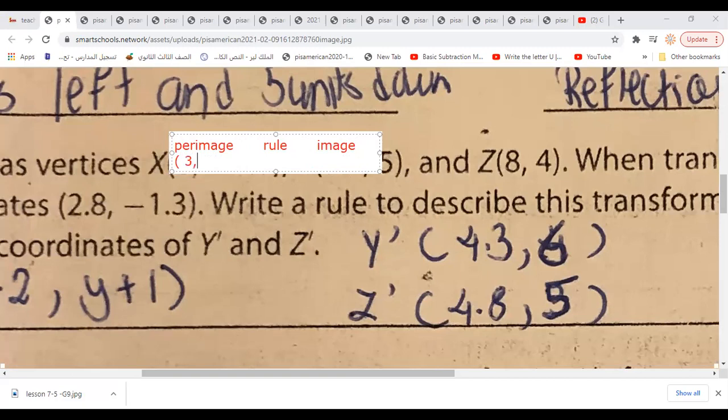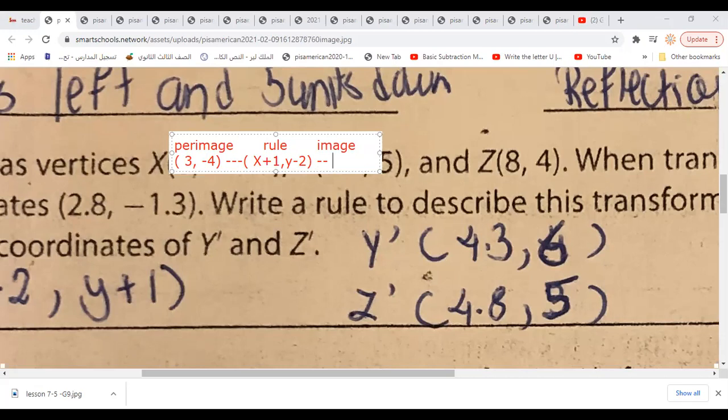You have, for example, (3, -4), and the rule says x plus 1, y minus 2. So what will the image be? In this case, we have a pre-image and the rule, and we are looking for the image.